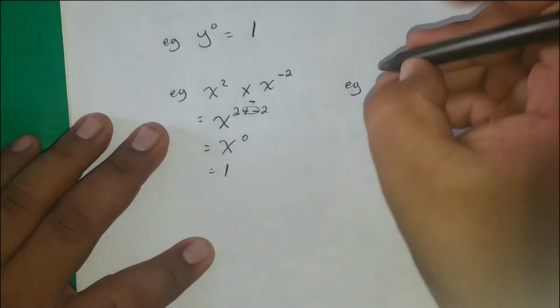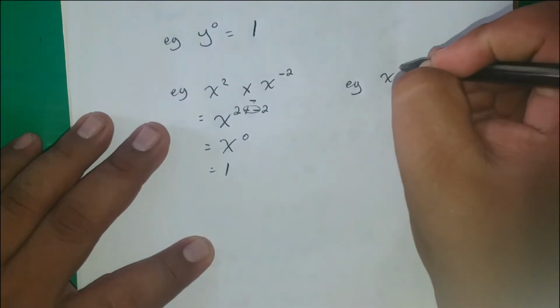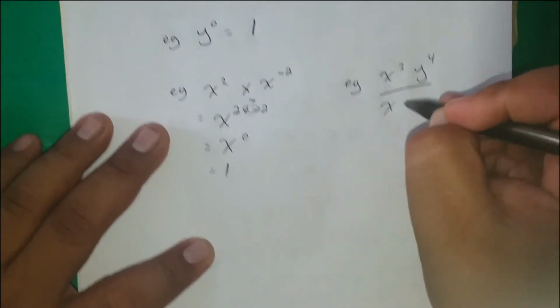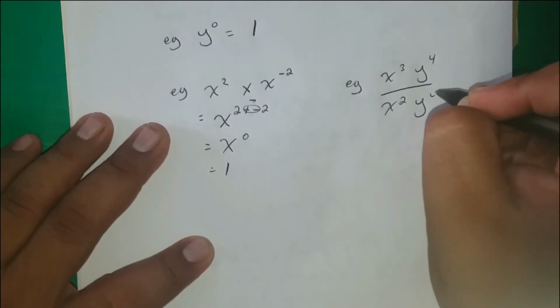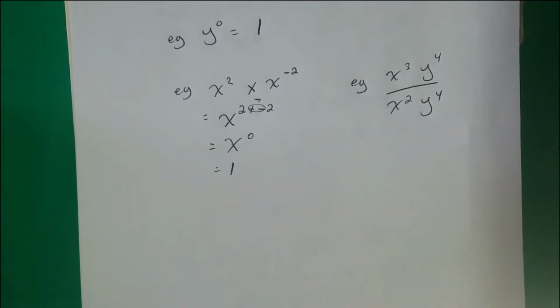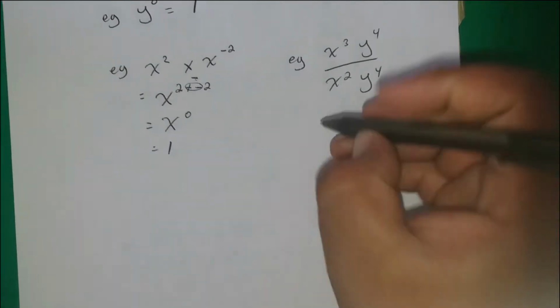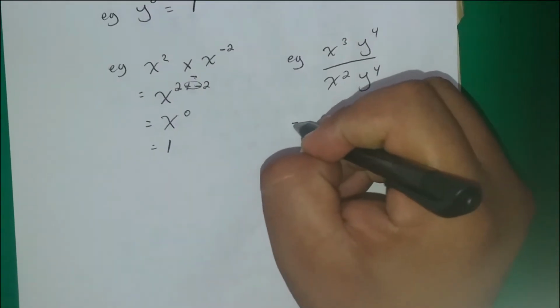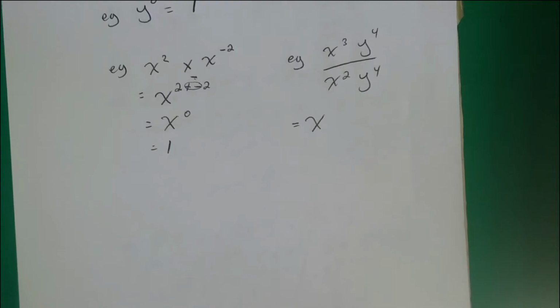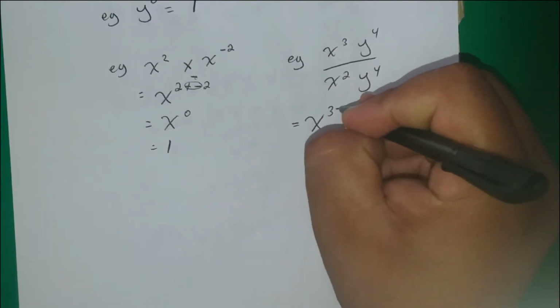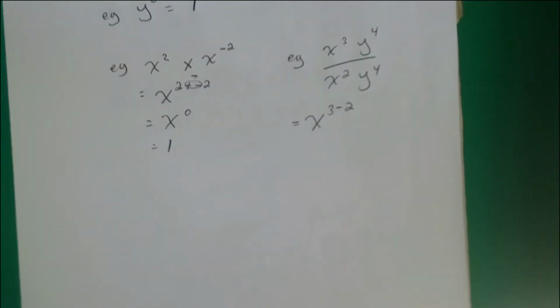If you have x to the third, y to the fourth, over x to the second, y to the fourth. Here, if you have division, then we're going to subtract the powers, which is keep the base, subtract the powers: the numerator first, which is 3, minus 2, which is the denominator.